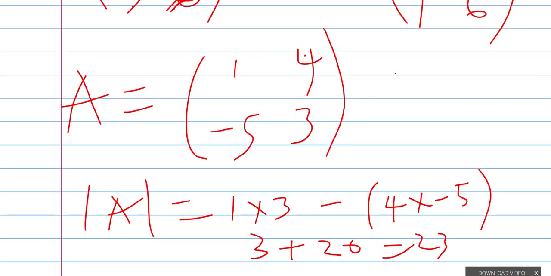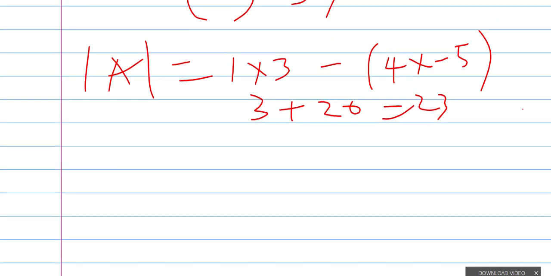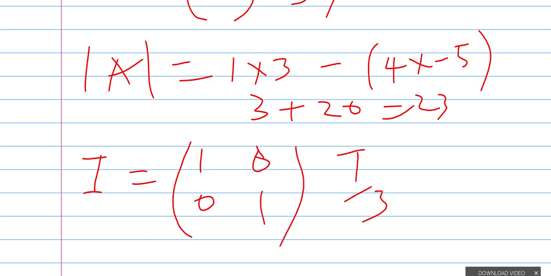What matrix will you multiply by A to give you the unit matrix? That is, A multiplied by the inverse of A must give us the unit matrix. What is the unit matrix? If it's a 2 by 2 matrix, the unit matrix is going to be 1 0 and 0 1. If it is a 3 by 3 matrix, this is I2.